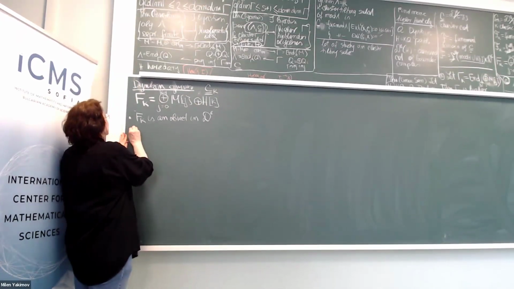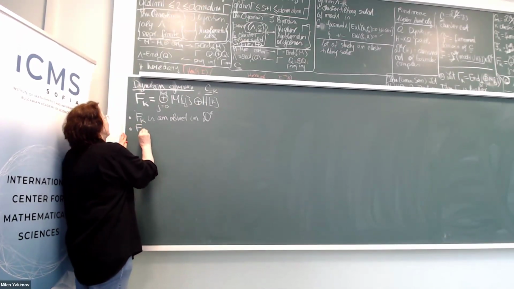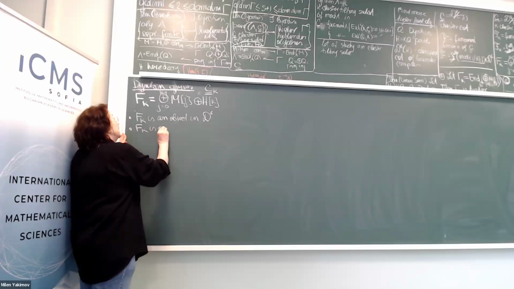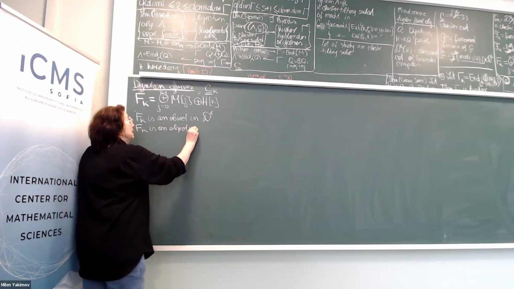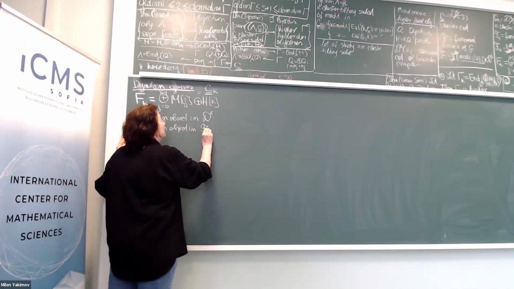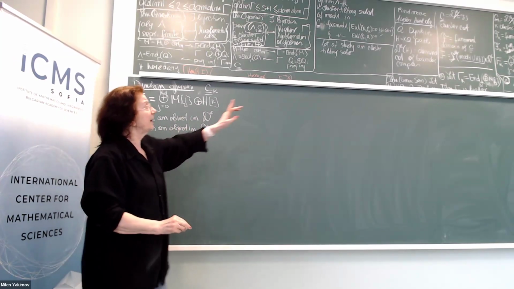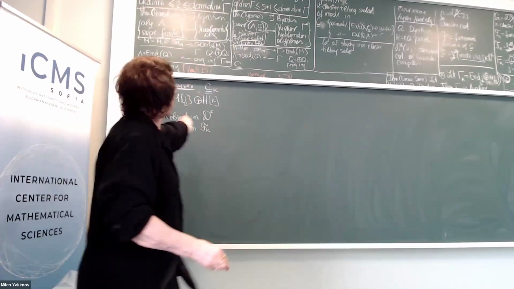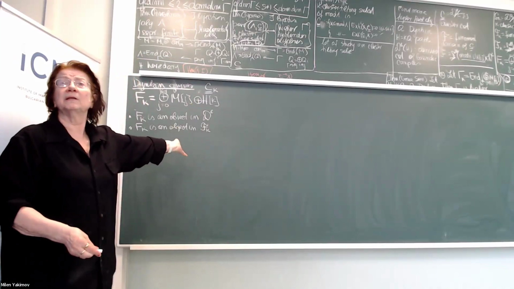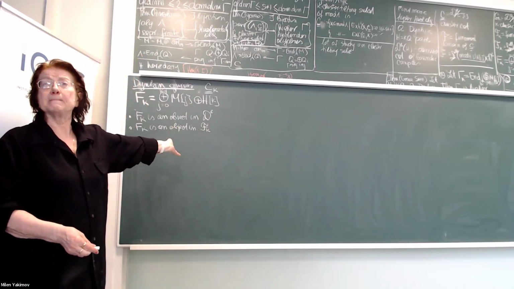Now F_K is an object in the category F_K, because when I define F_K, F_K is the full subcategory of D^b consisting of these objects.